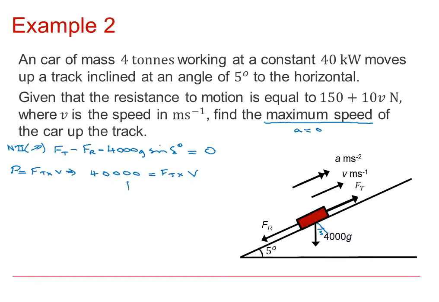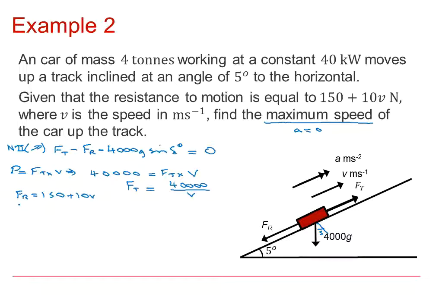So if I rearrange this for Ft, that's the thing I'd like to be able to use later on, I get Ft is 40,000 over speed v. So we've got Ft. Fr is given in the question, so I'll just write that down again as a reminder. So the resistive force Fr is 150 plus 10V.